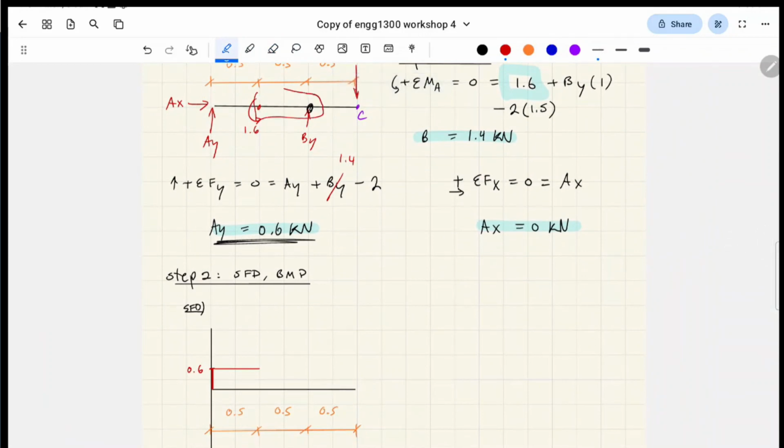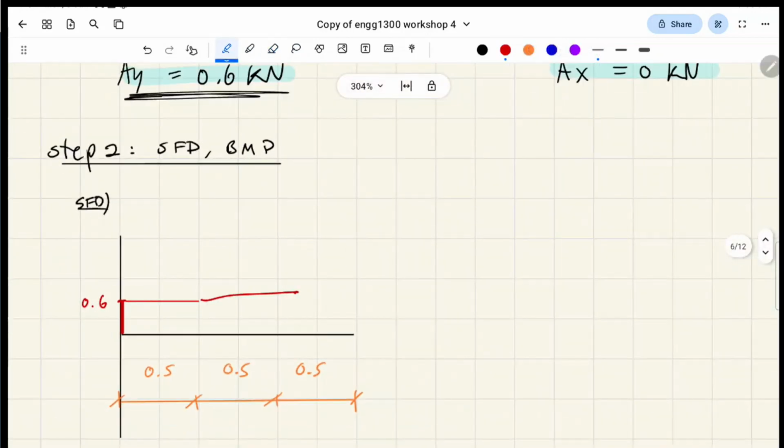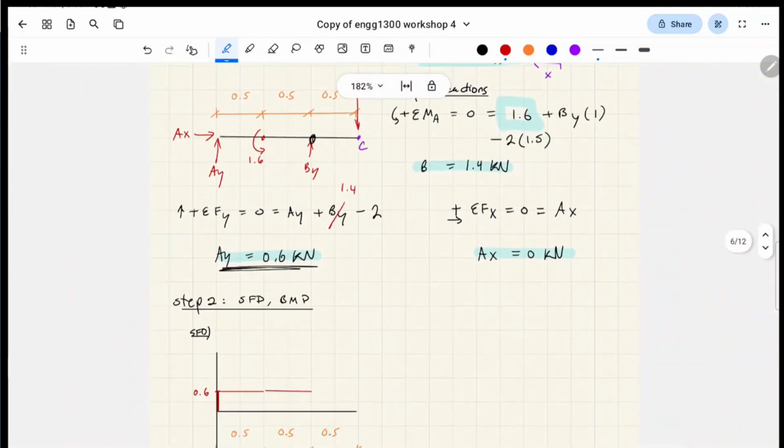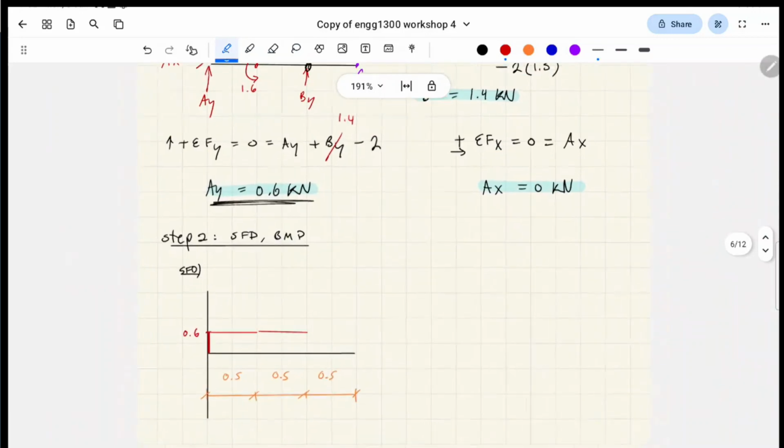And from here to here, the only thing that changes is the point moment, and the point moment doesn't affect the shear force diagram. It only affects the bending moment diagram, right? You got that? So it stays flat here. And then BY, our other support reaction, is 1.4.